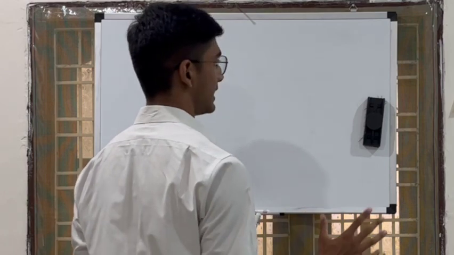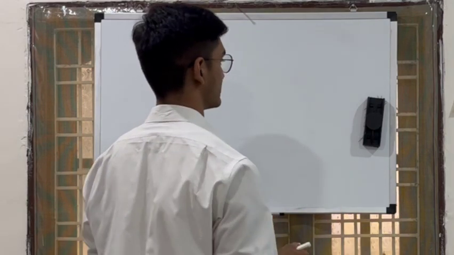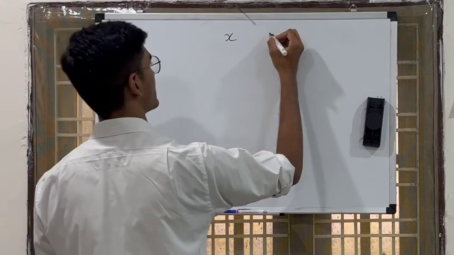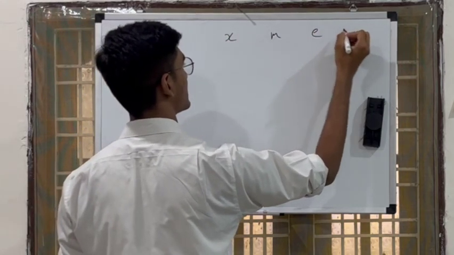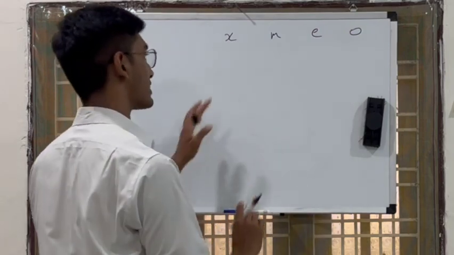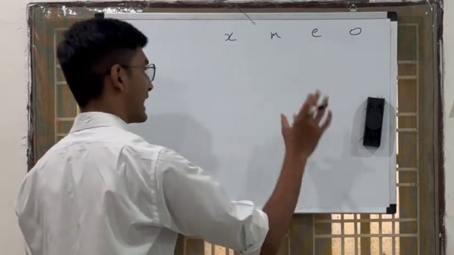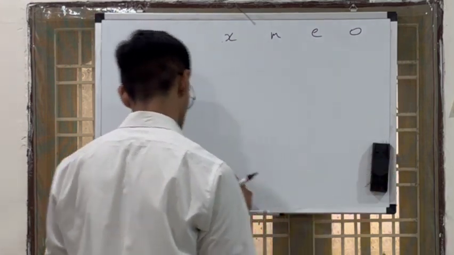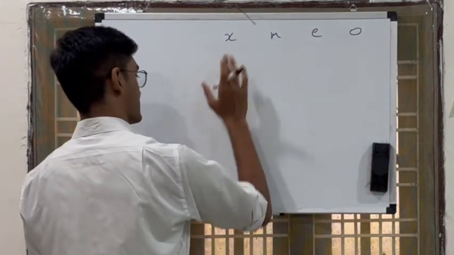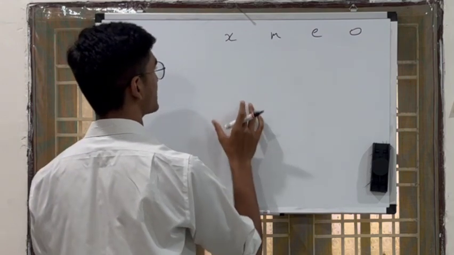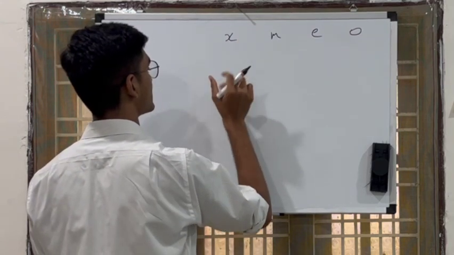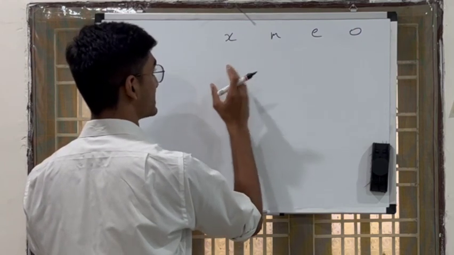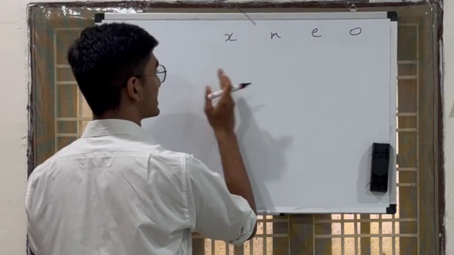For that, I propose a method. We can take variables x, m, e, o. I'll tell you what x is, and why w is not there. First, what is x? x is used to check that in the given string, there was no letter before m.